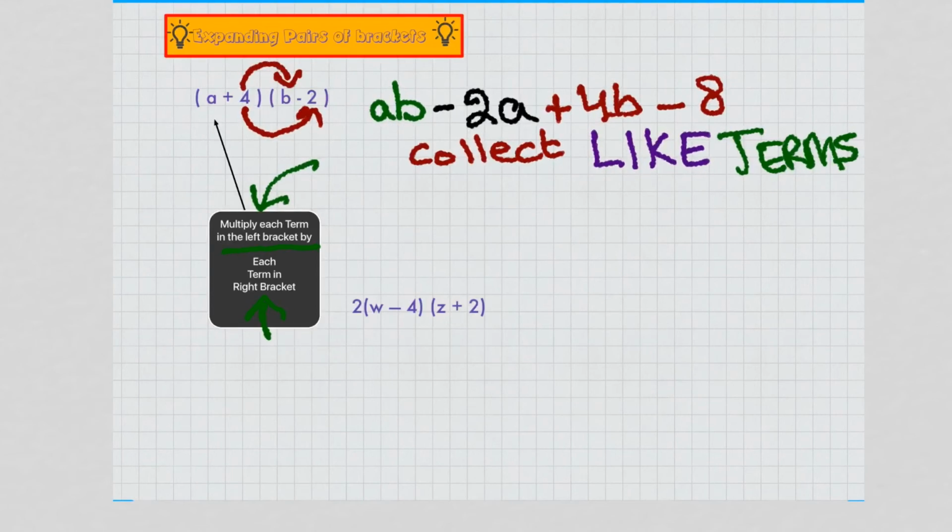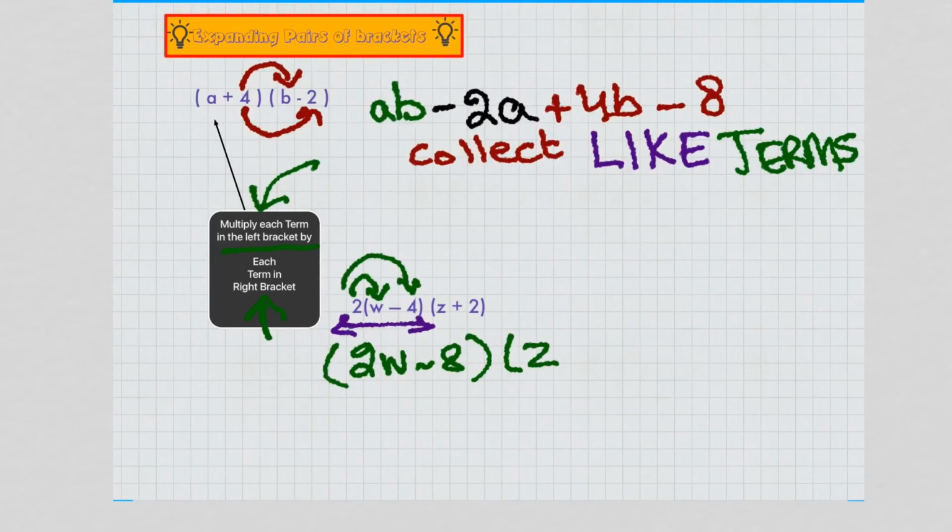In the second one, same. First, we will just solve this part first, and we will times 2 with w, it's 2w, and then 2 with minus 4 gives us minus 8. After that, z plus 2. So now we're gonna do the same thing which we did with the first one.